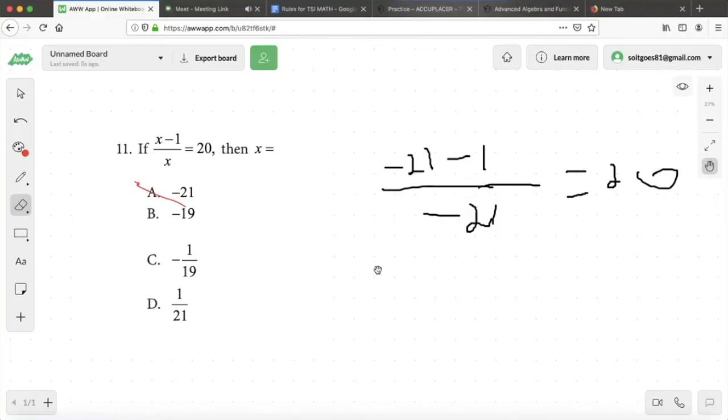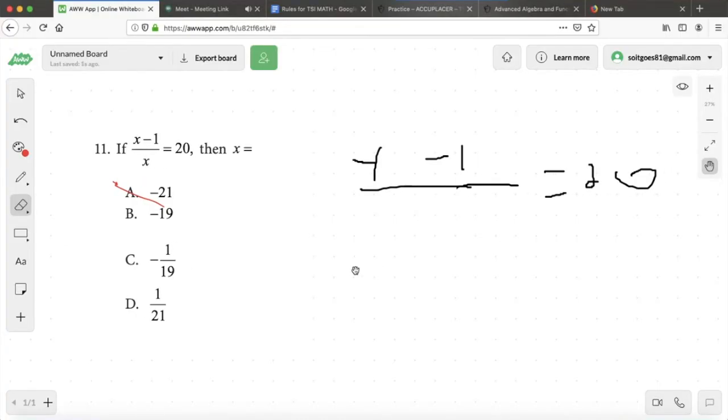Let's do the same thing. Let's plug in -19. If you want to just erase and plug in -19 instead of -21, that's fine. Great. -19. Let's do the same thing here.